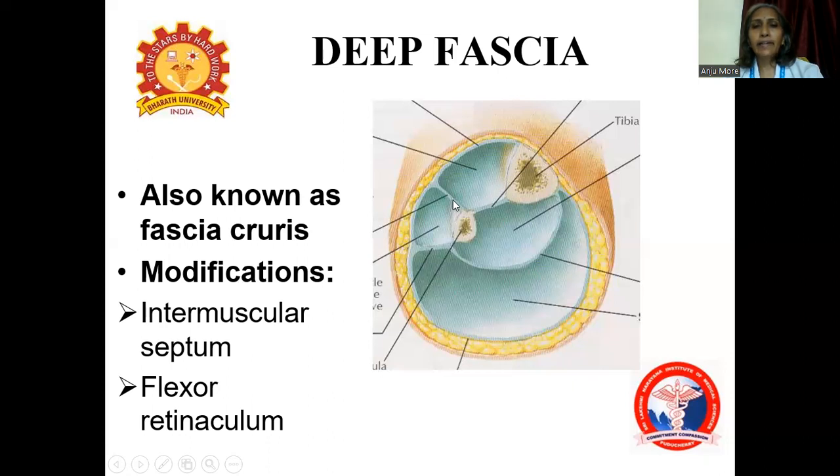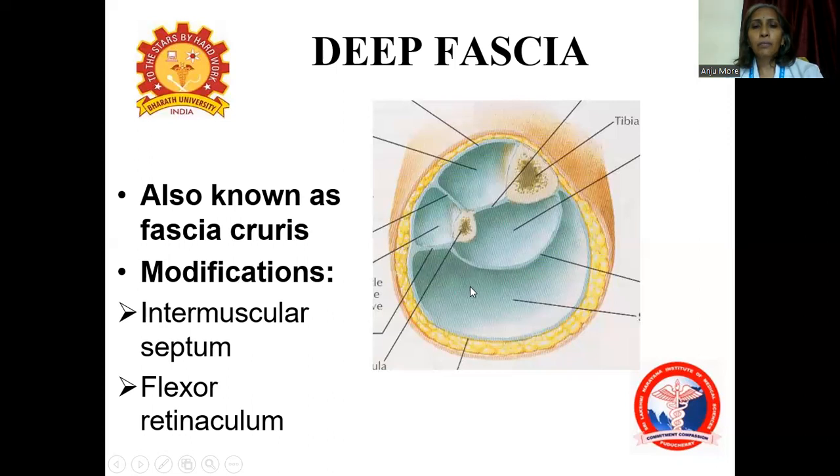Between the anterior and the posterior intermuscular septum is the peroneal compartment of leg containing the lateral compartment muscles, that is the peroneus longus and brevis. Posterior to the posterior intermuscular septum and the interosseous membrane between tibia and fibula is the posterior compartment of leg.